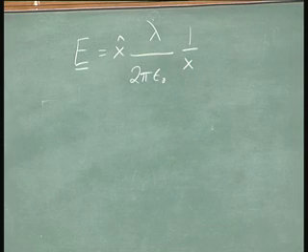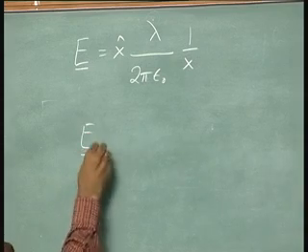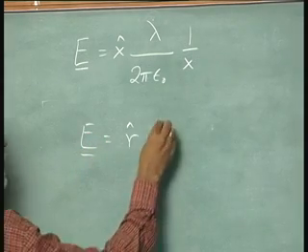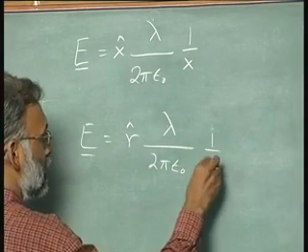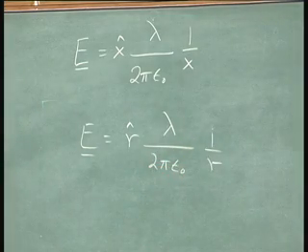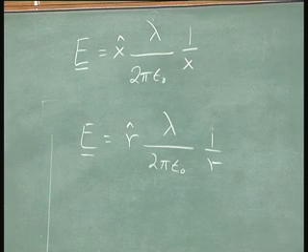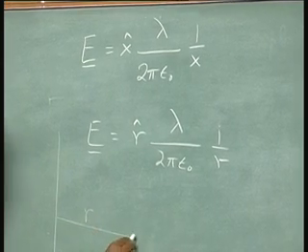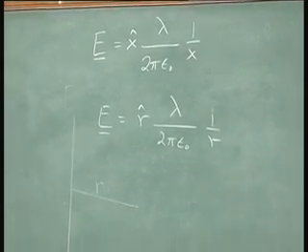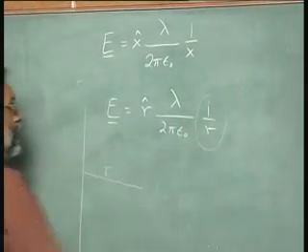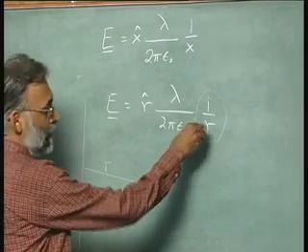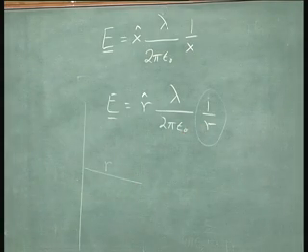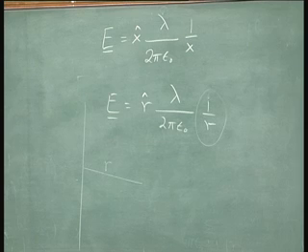Or if you allowed the direction to change, the electric field is in the radial direction, lambda over 2 pi epsilon naught times 1 over r. So, if you have a line charge and you go a distance r from that line charge, the electric field falls off as 1 over r. Now, 1 over r falls off much more slowly than 1 over r squared. So, it is important that this is understood.